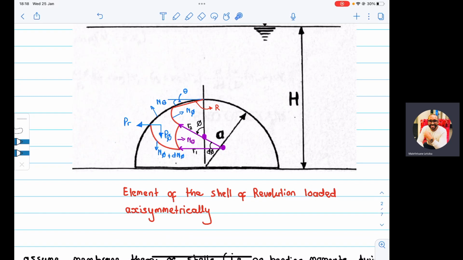That's the radius of the horizontal hoop circle that passes through the origin. The big R, it's the radius of the horizontal hoop circle. So if you look at the spherical dome in plane, and you look at those traces of circles, the radius of the circle there, that's the big R. Okay.